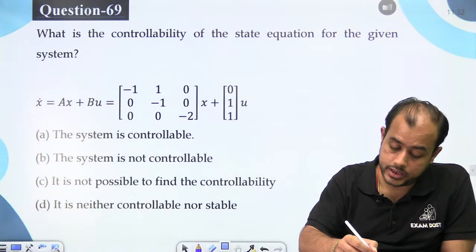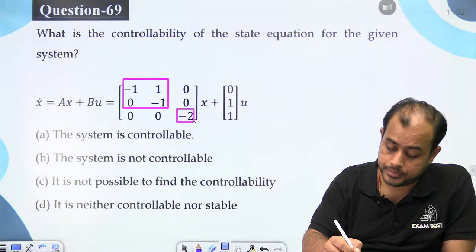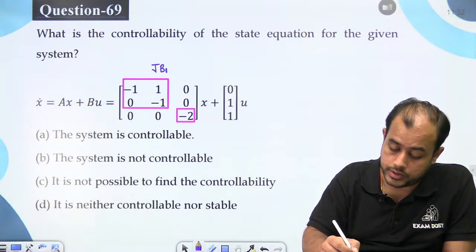Now beta, here you have to use the concept of Jordan canonical form. ठीक है, this is J Jordan block 1.